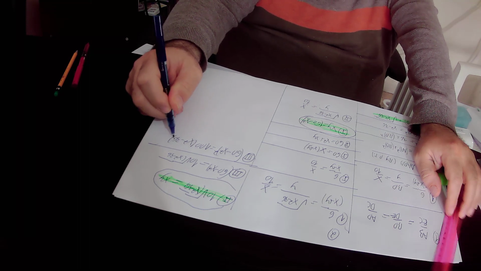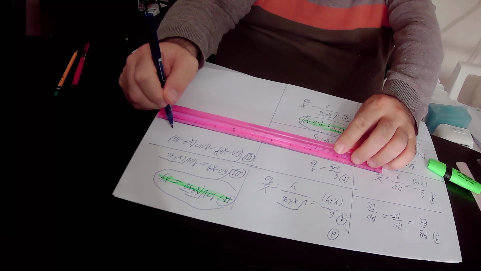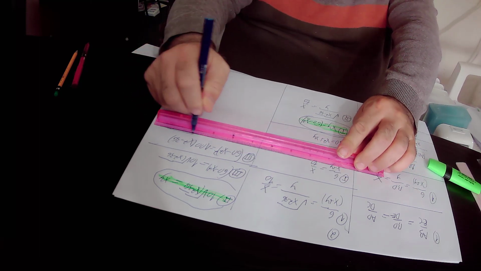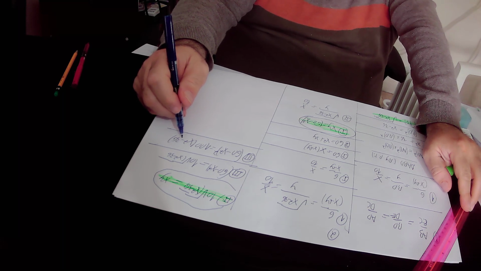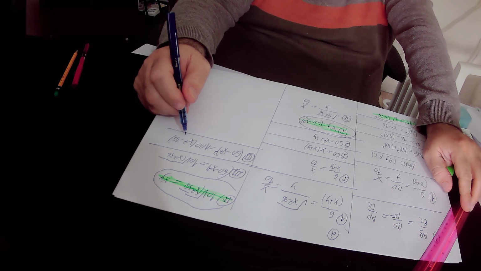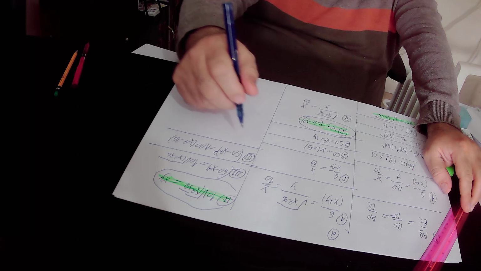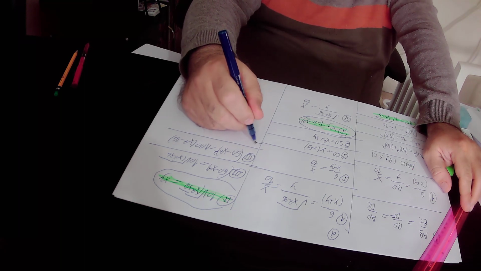So in conclusion, according to equation number 3, 60 minus x squared equals 100 times x squared minus 36.